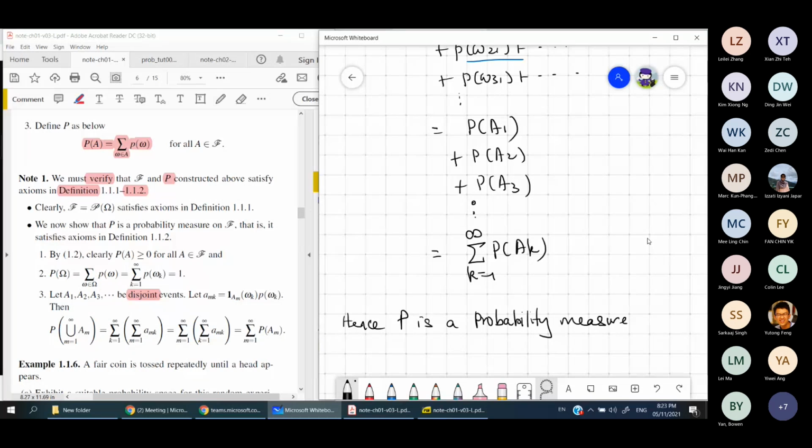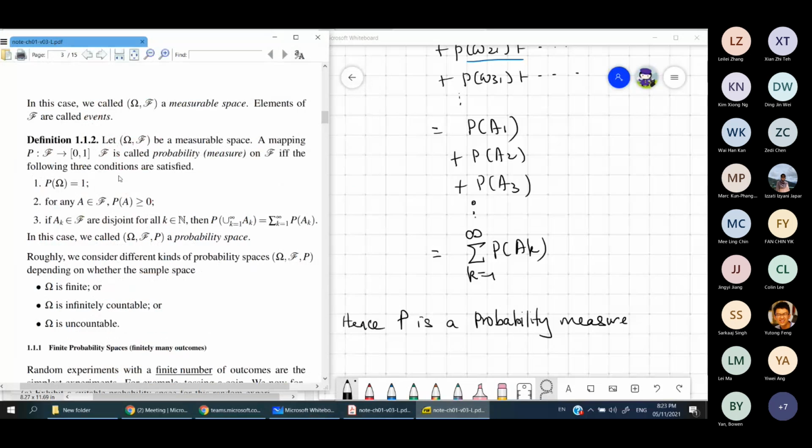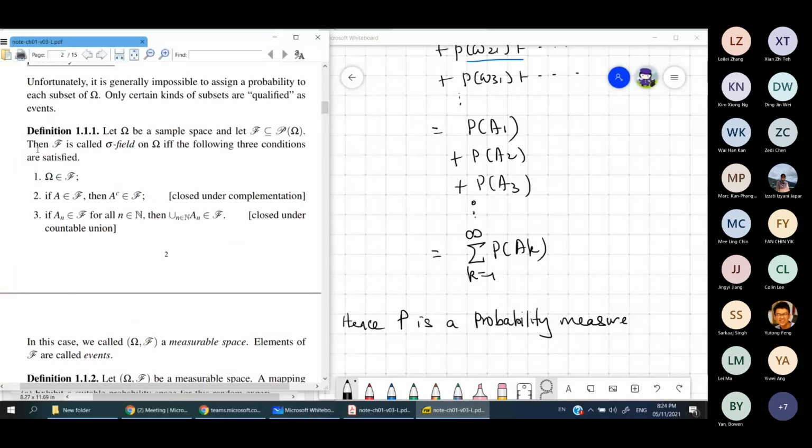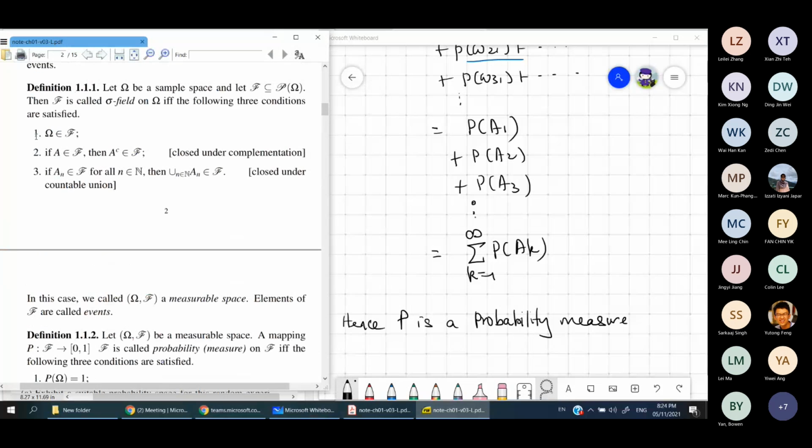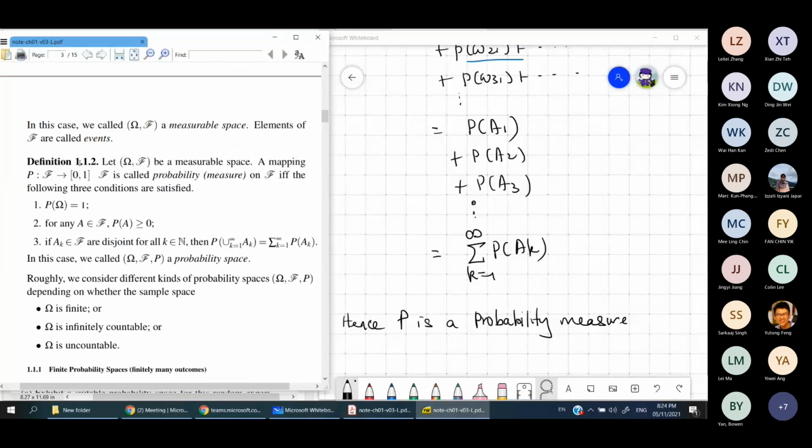Right, so we cannot simply claim something is an event or a probability space or a probability. What we need to do is use these two definitions, definition 1.1.1 and 1.1.2. For a sigma field, we have to verify it fulfills these three criteria. And for a probability measure, we have to make sure it fulfills these three criteria.